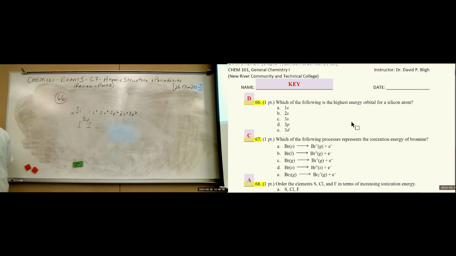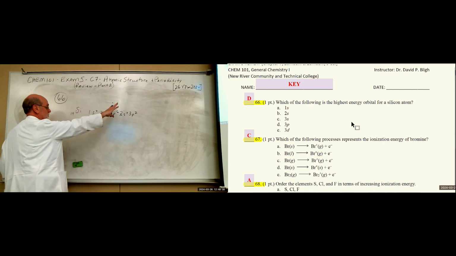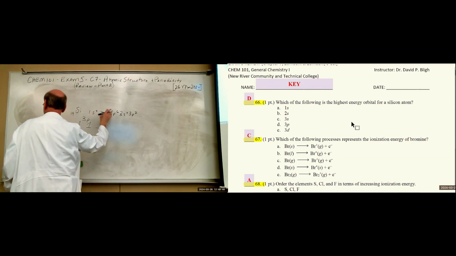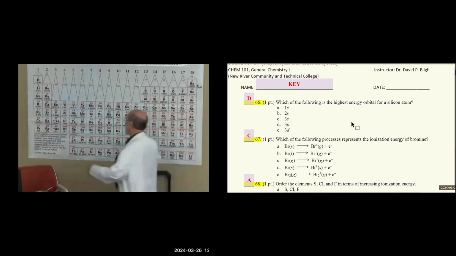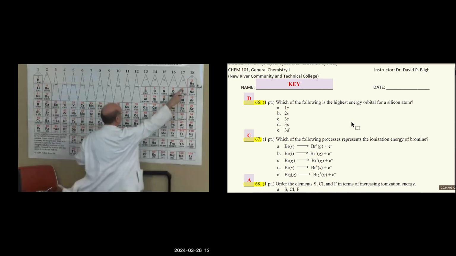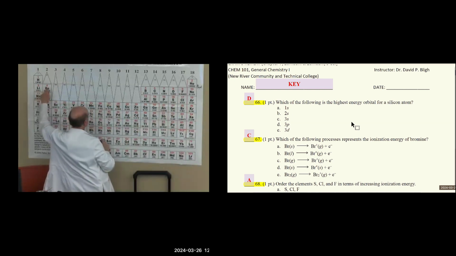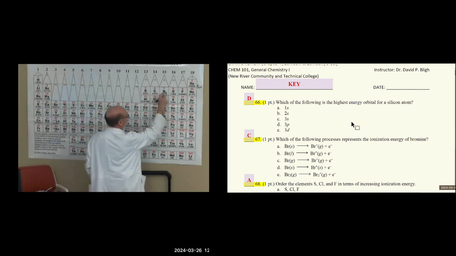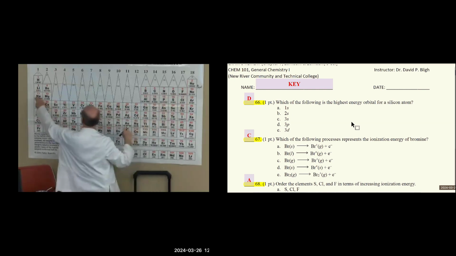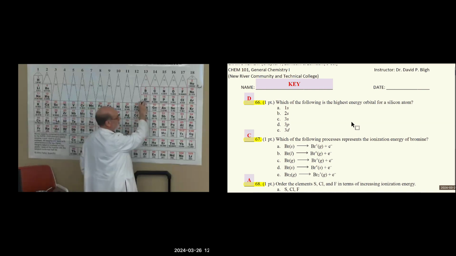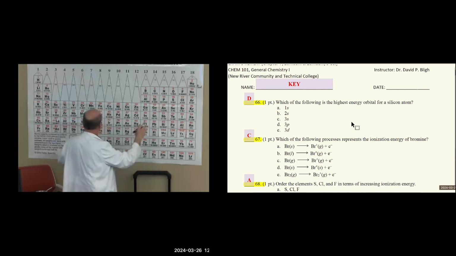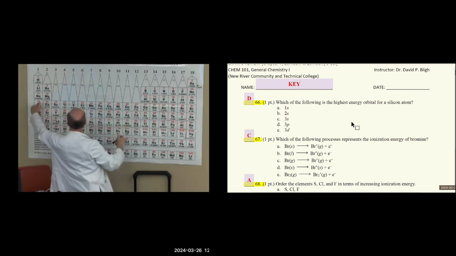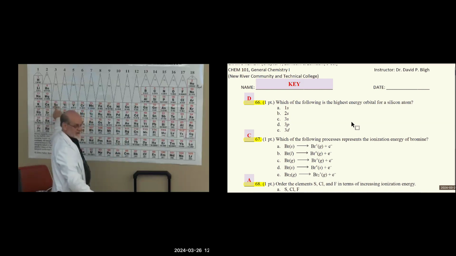Okay. We're adding them in sequence, right? Yes. Lowest energy to highest energy. So I'm going 1s1, 1s2, 2s1, 2s2, 2p1, 2p2, 3, 4, 5, 6, 3s1, 3s2, 3p1, 3p2. And then it goes down to potassium. And then it goes 4s1, 4s2, and then 3d.